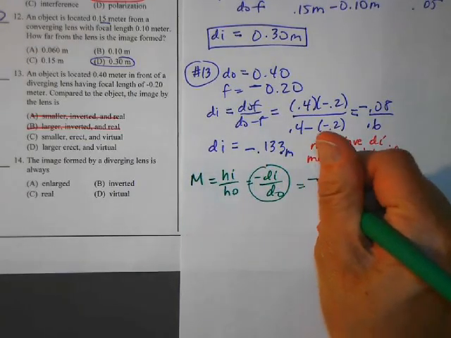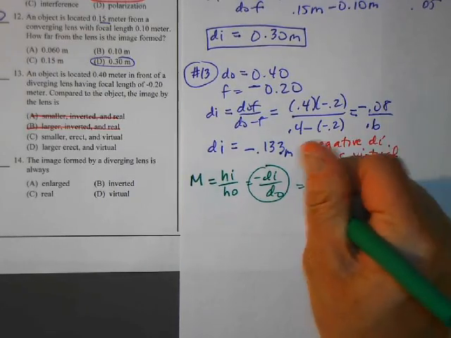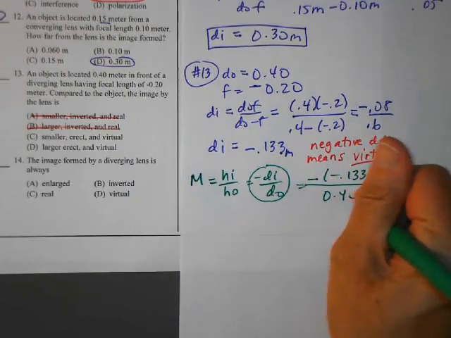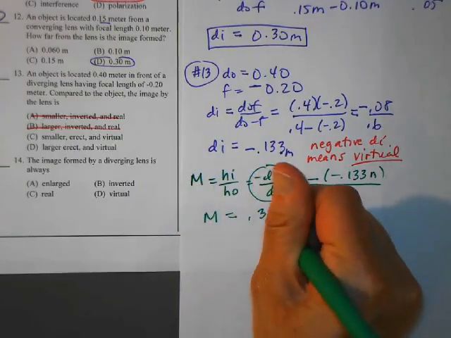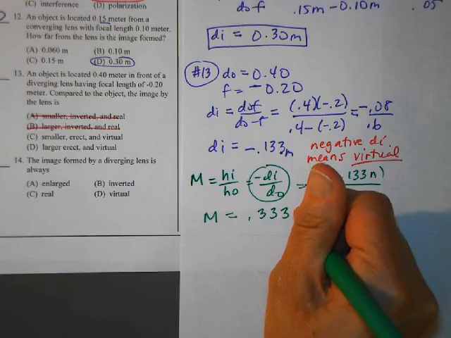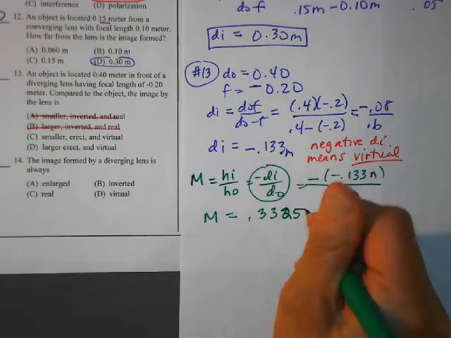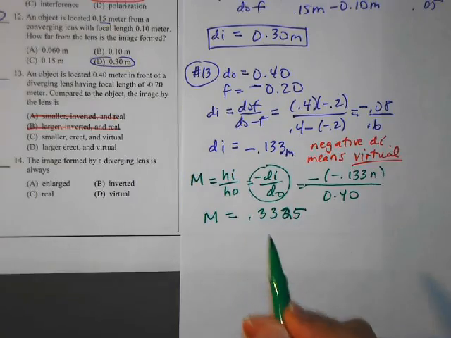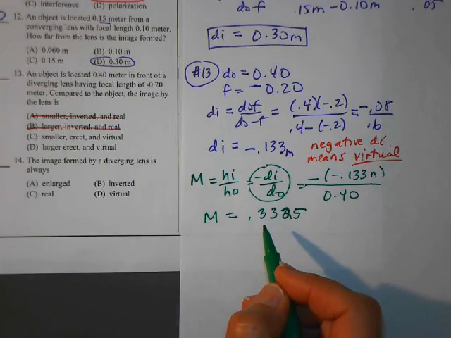So negative 1.33 divided by 0.40, and when I do that on my calculator, the magnification comes out to be 0.3325. So magnification means larger or smaller. So the magnification is about a third of the original object.